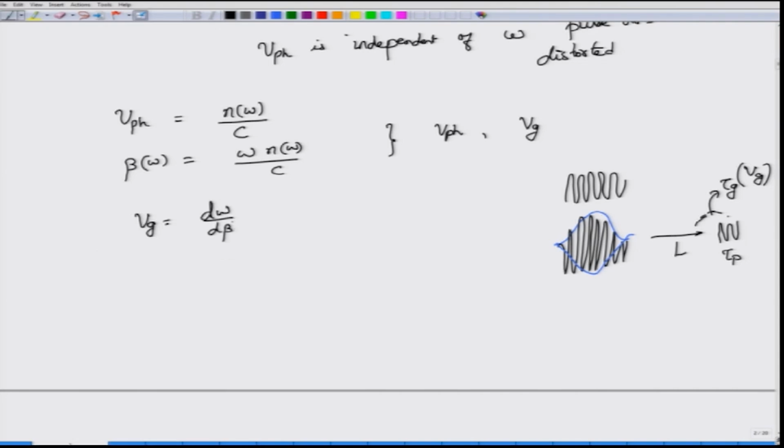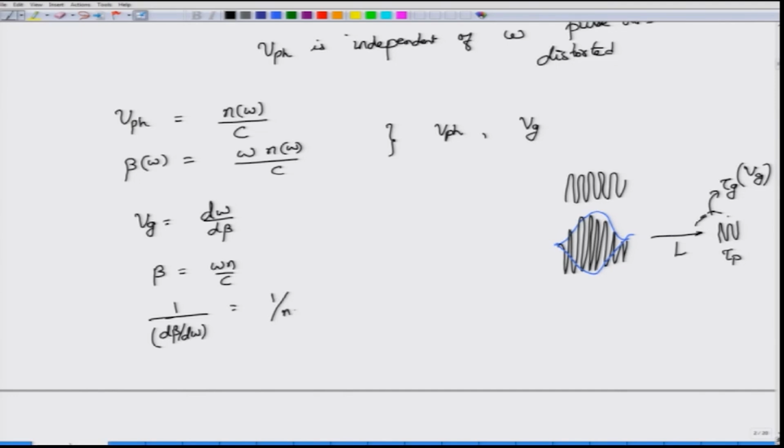What is the group velocity for the case of free space propagation, or the propagation that we saw in the previous 10 minutes? Previously, what we saw was beta given by omega n by c, and n was independent of frequency, correct. If you evaluate d omega by d beta, which is nothing but 1 by d beta by d omega, just rewriting that equation, and beta is omega n by c, then d beta by d omega will be equal to n by c, right.